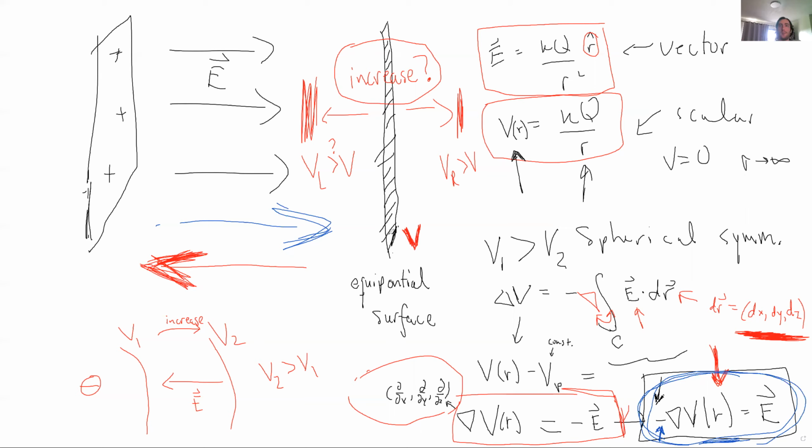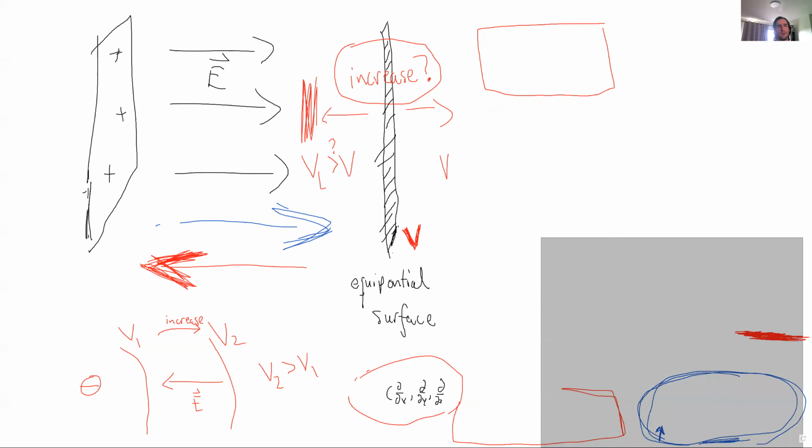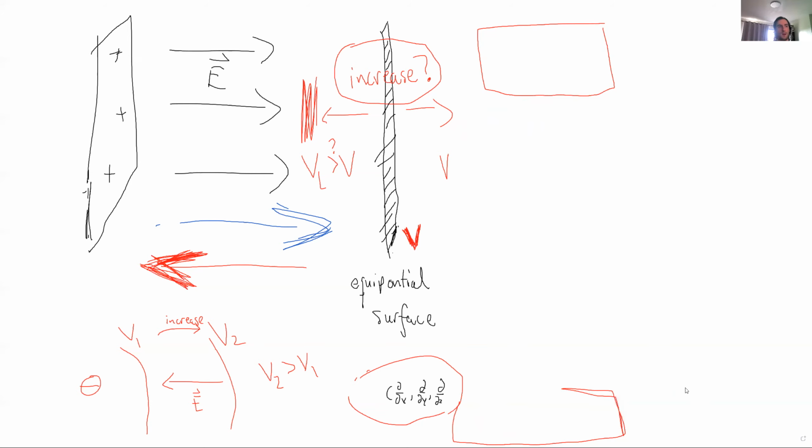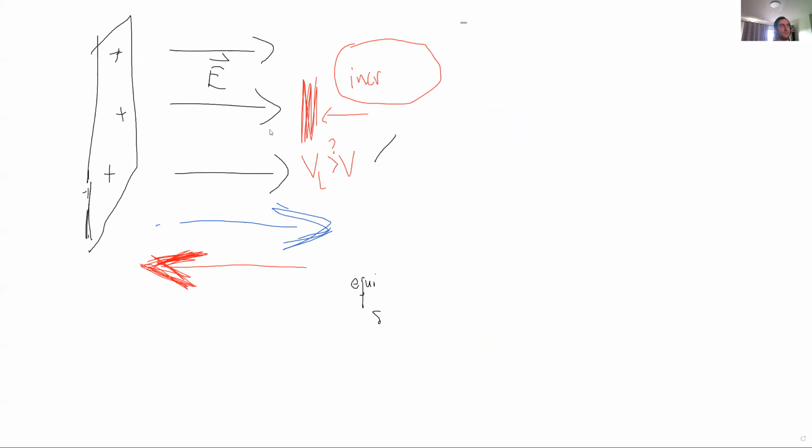Okay, so the potential gets bigger to the left. All right, well, let's take a look now at another example with the same kind of setup here. The same kind of electric field here.